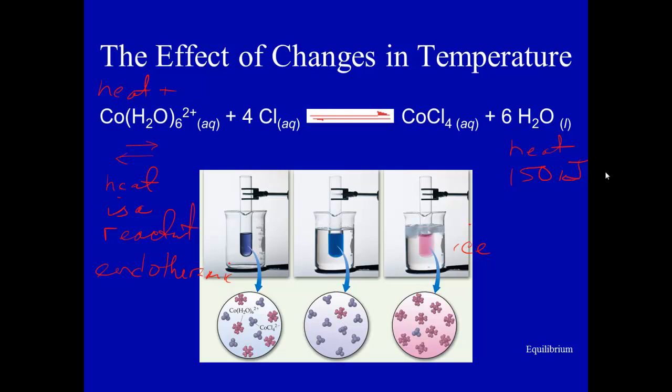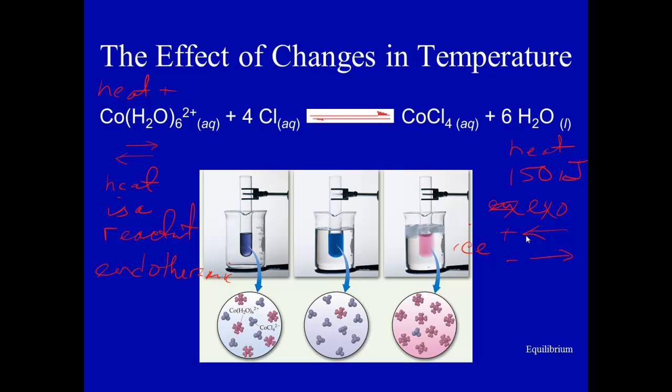They'll give you some value like we were just seeing in our thermal chapter. Sometimes they might just tell you that it is exothermic and therefore you should know heat's a product. And so if it's exothermic and I add heat, it's going to shift to the left. And if I decrease the heat, it's going to shift to the right.